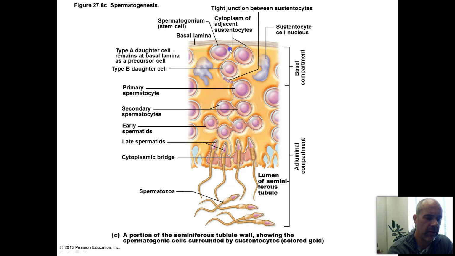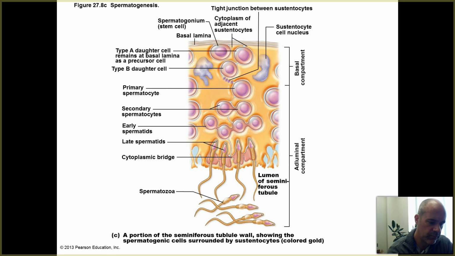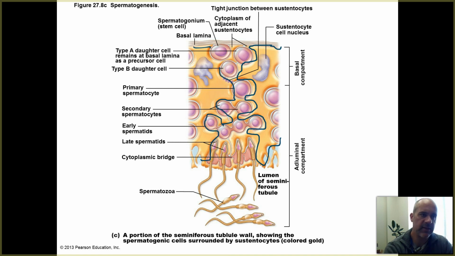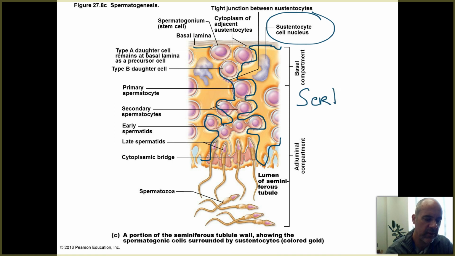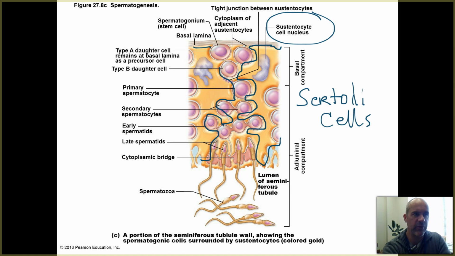We were talking about all these cells that are involved in spermatogenesis, but if you look, all the yellow stuff you see in here, all over the place, more of it over here, that is cytoplasm from very large cells that are called sustentocytes, or Sertoli cells. That's an older term for these, or sustentacular cells. Those are all names for those.